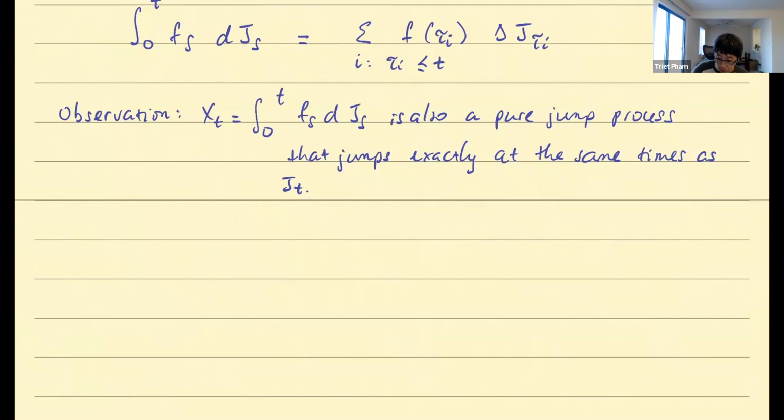So using this knowledge, if you have any question, ask me, because we're going to build on this knowledge to solve our equation. So building on this, let's revisit our stock model. Let me write down the whole thing.